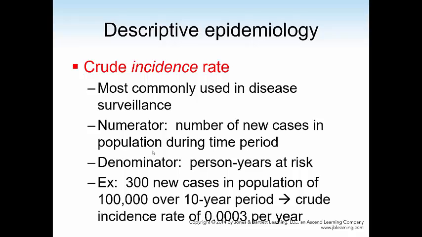So if you did that calculation, 300 over 100,000 would give you 0.003, and then over a 10-year period, divide by 10, you get 0.0003 per year. That's just a crude incidence.